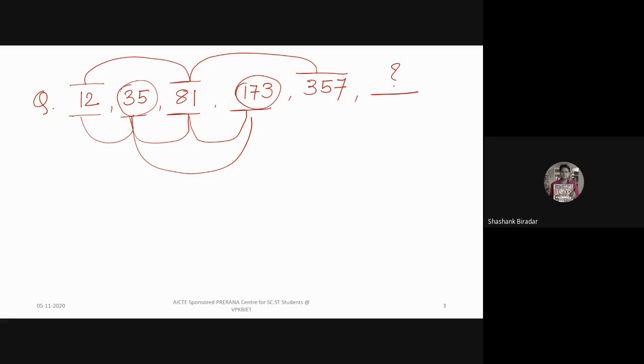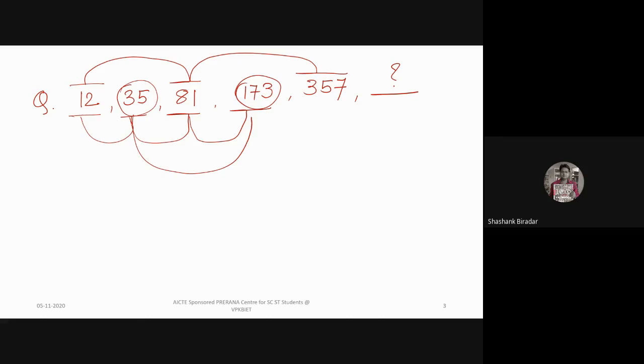So you can put any thought. I have not given options. So this is a numerical ability type question. There are no options, but still I will verify the answer given by there.